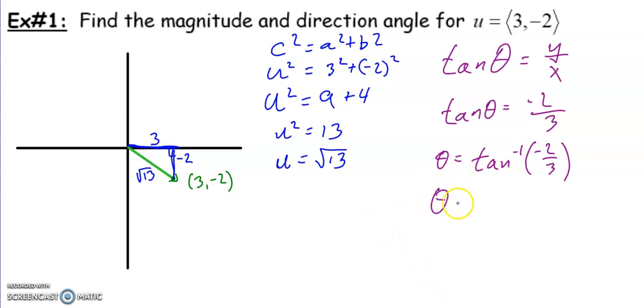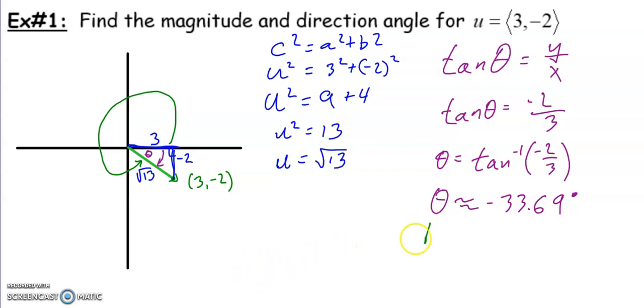So we find that theta is about negative 33.69 degrees. Okay, that's perfect so far. But we're not stopping right there. Because what that negative 33.69 is referring to, it's referring to this. But keep in mind, that's not how we always measure angles. Normally we measure angles, the degrees in the angles, like that.